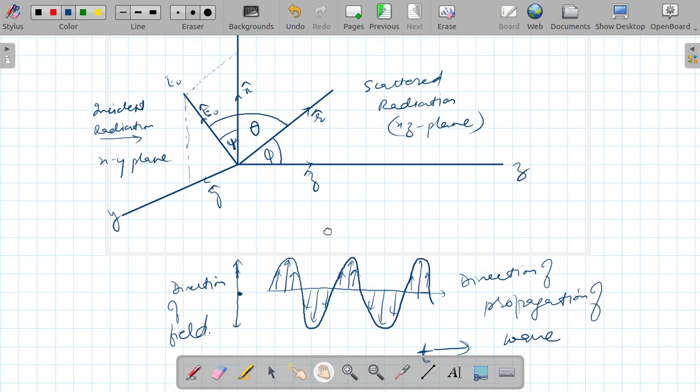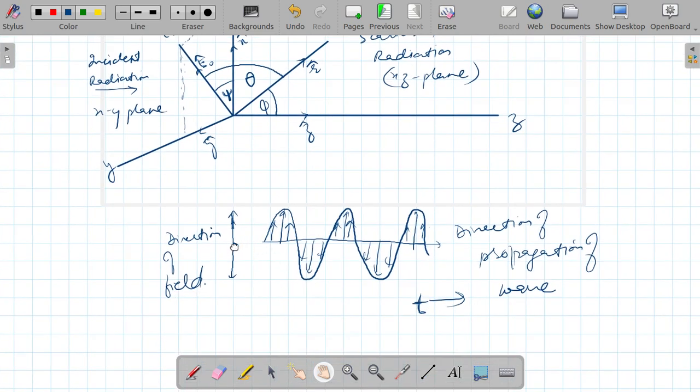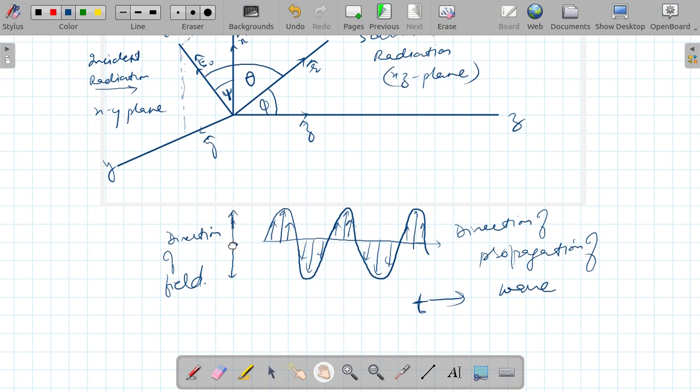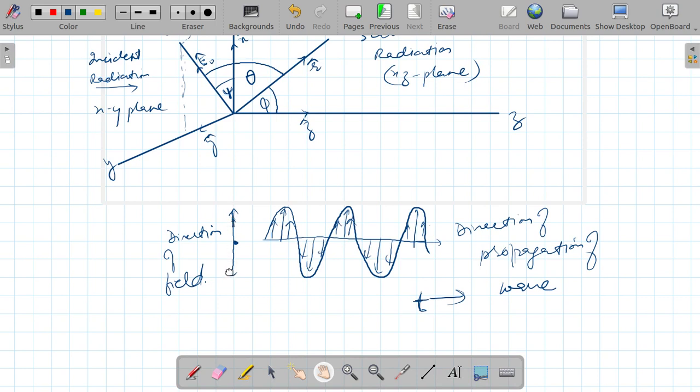So let us go back to our derivation. In this diagram, when the wave interacts with the charged particle, it sets into oscillation about its position. As it is periodic in nature, sometimes it moves upward and then downwards, which means it is oscillatory behavior.